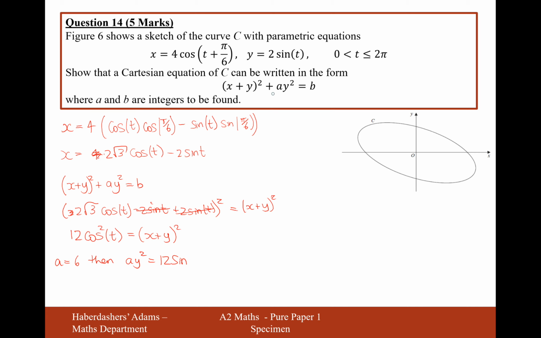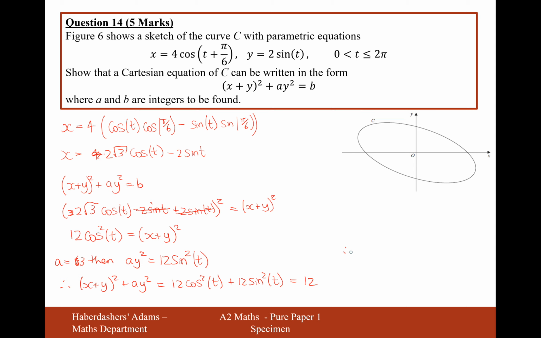Oh no, wait, the y needs to be squared, so I'm actually going to set a equal to 3, because then I'll have 3 times 4, that will make me 12 instead, so it's going to be 12 sine squared t. And then 12 cos squared plus 12 sine squared, so therefore (x plus y) squared plus a y squared will equal 12 cos squared t plus 12 sine squared t, and that will obviously equal 12 from pulling out a factor of 12, and then cos squared plus sine squared equals 1.